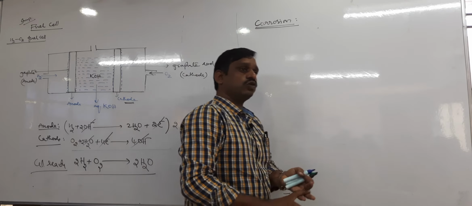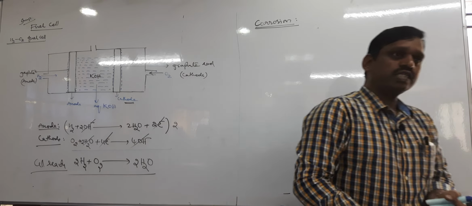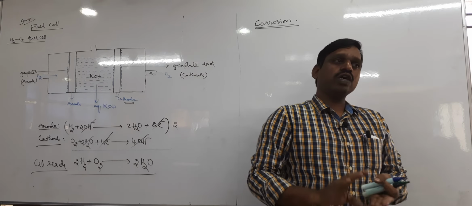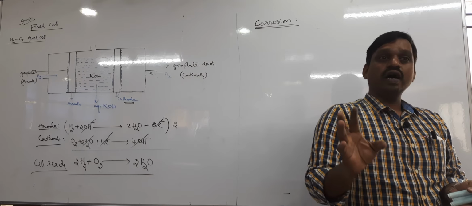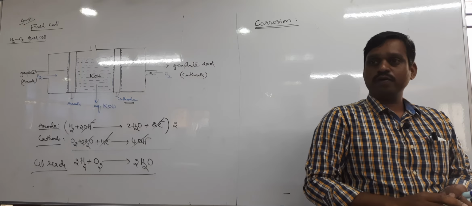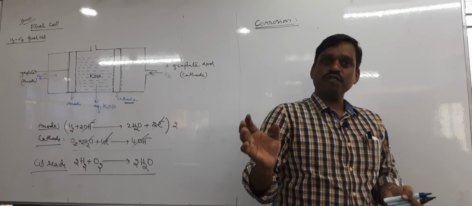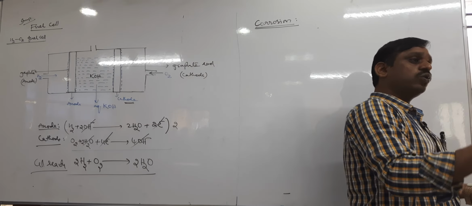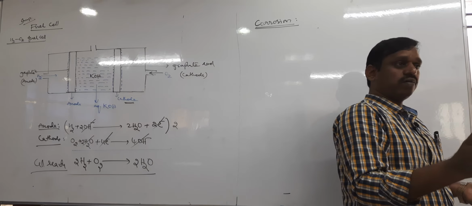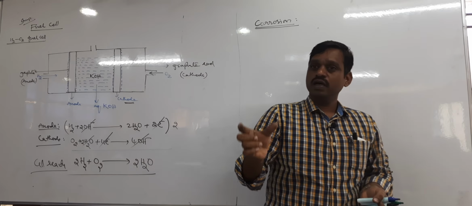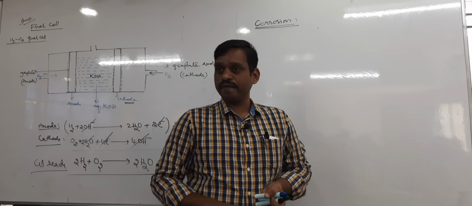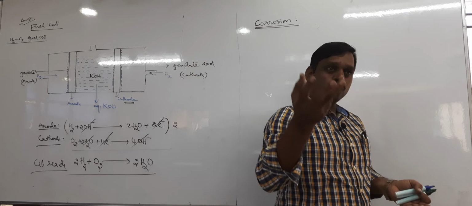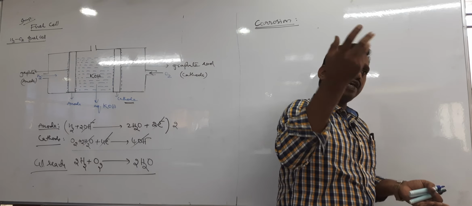Listen first. Corrosion is the process of slow conversion of metal into its undesirable product by the constituents of environment, like CO2, carbon dioxide, moisture or any other gases.